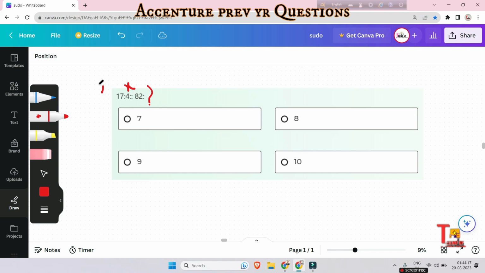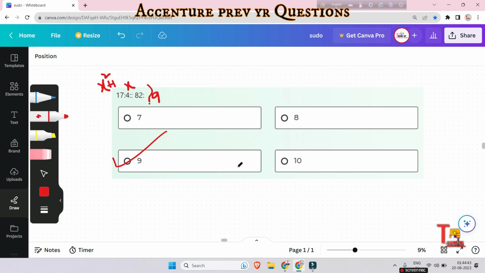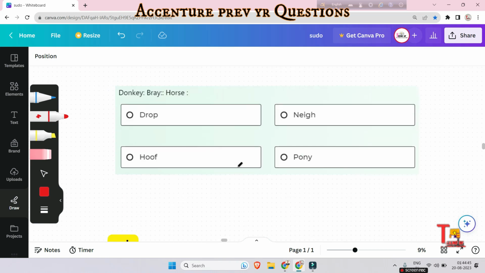If we define it, we can see that x square plus 1 is 17. That means 4 square is 16 plus 1 is 17. So obviously this is also x square plus 1. That means 9 square plus 1 is 82. So the x is 9. I hope you have got whatever I wanted to mention here.